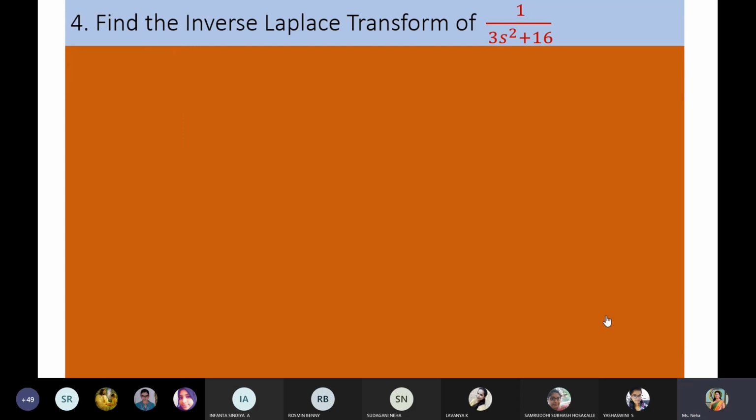Now the fourth one, 1 divided by 3s square plus 16. How will you find the inverse Laplace transform of this function? We have 3s square. In all of our Laplace transformations, the coefficient of s square is 1.